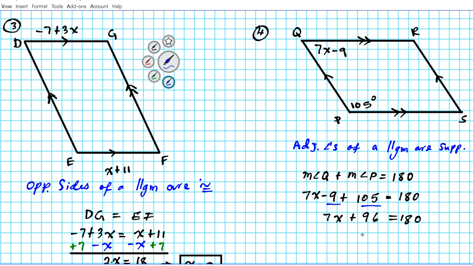We'll subtract 96 from both sides of the equation, and we're going to have 7x equal to 84. Final step, we get x isolated by dividing both sides of our equation by 7. x is equal to 12. So that is the value of x.